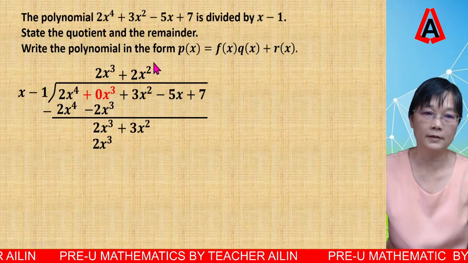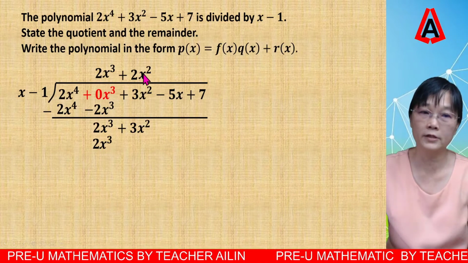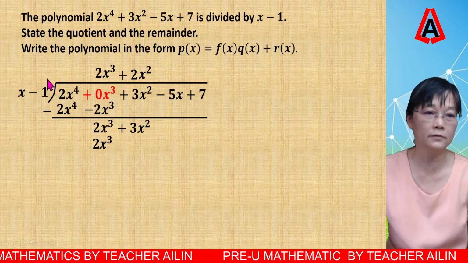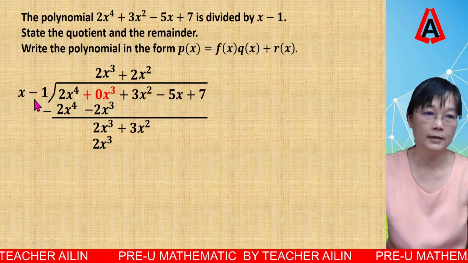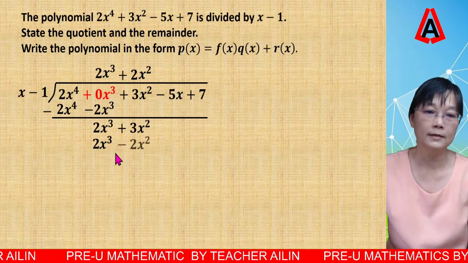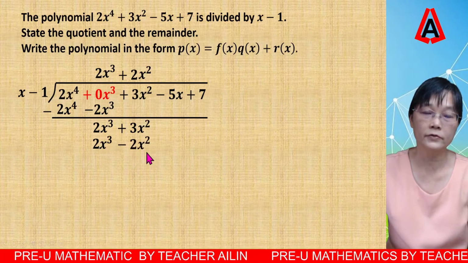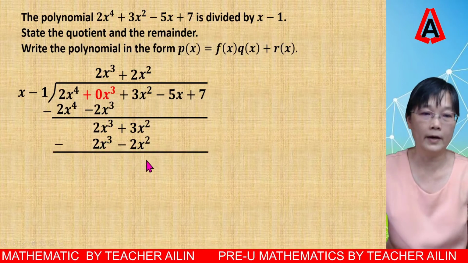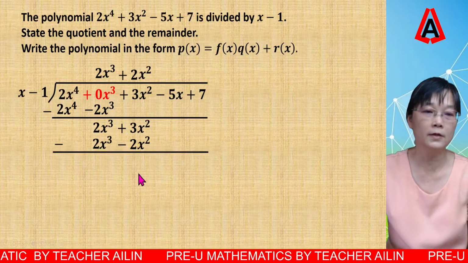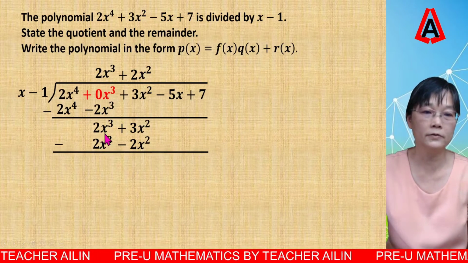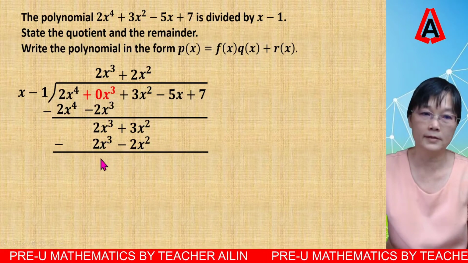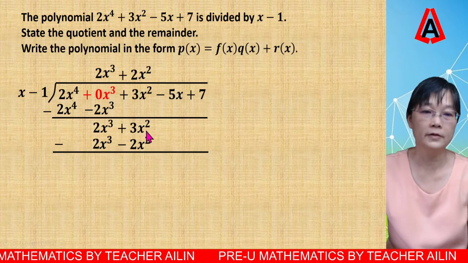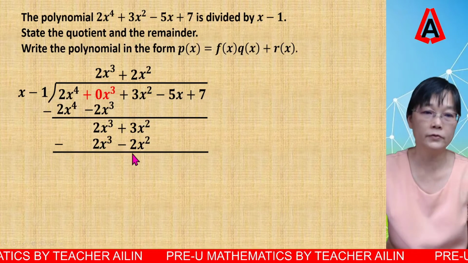Once we have got the term for the quotient here, now we can continue: 2x power 2 times negative 1, then we will get negative 2x power 2. Now we minus these two expressions, so 2x power 3 minus 2x power 3, we will get 0. Then 3x power 2.